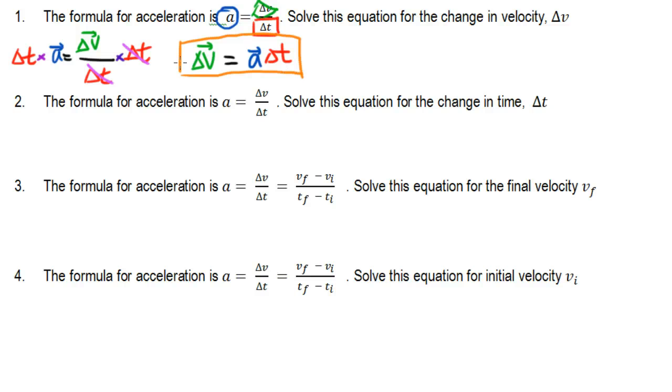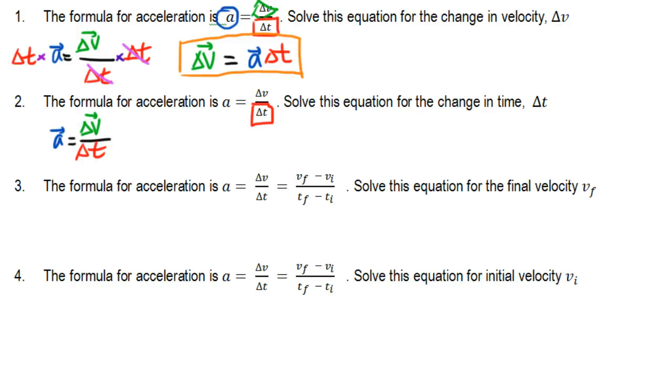Okay. On to number 2. If we look here, it says solve for delta t. So I need to solve for this right here, just like the red square in the previous video. So let me write out the original equation again. a equals delta v divided by delta t.